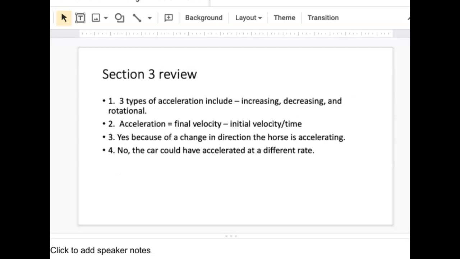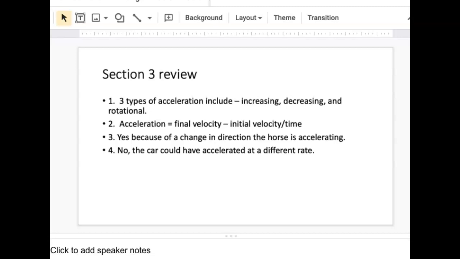Section 3, the types of acceleration include increasing, decreasing, and rotational, or increasing, negative acceleration, and circular acceleration, which is the same thing. To find acceleration, it's final velocity minus initial velocity divided by the total time. Question 3 wanted to know if you're changing direction, is the horse accelerating?